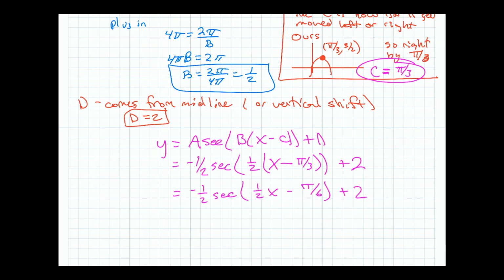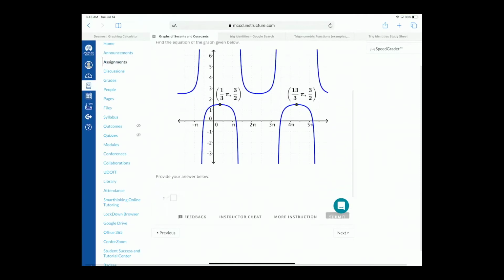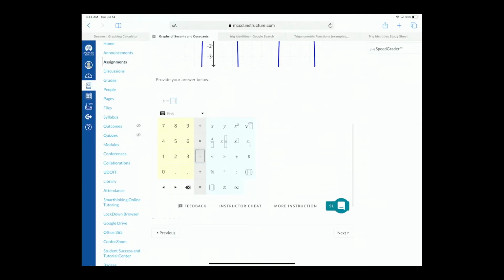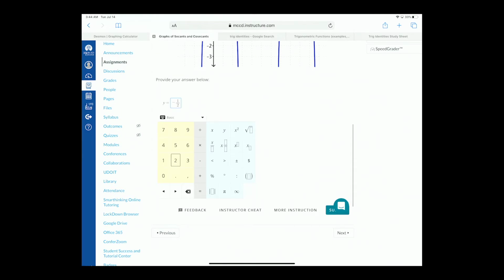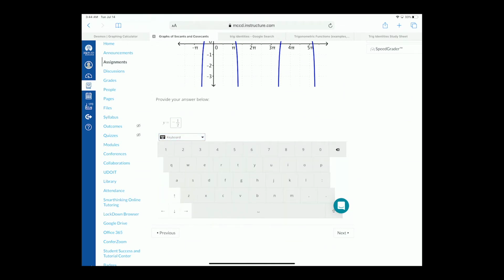So let's see here. Negative 1/2 secant. How do I get the, you're supposed to let me type in trig. Okay, you're not going to. Secant, basic, parentheses.